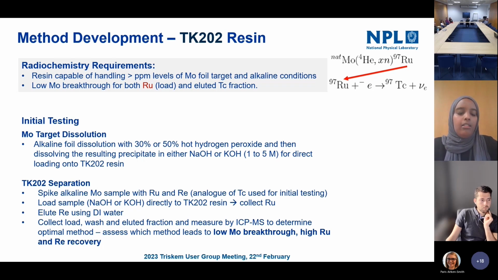At each stage we collected fractions and we're looking to determine what the molybdenum breakthrough was both in our load and eluted fraction, but ultimately to know how much ruthenium was recovered during this load stage and how much rhenium was in the eluate.